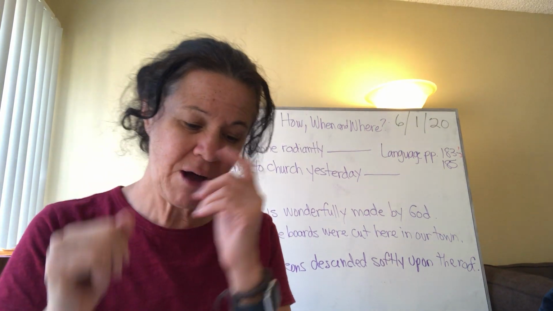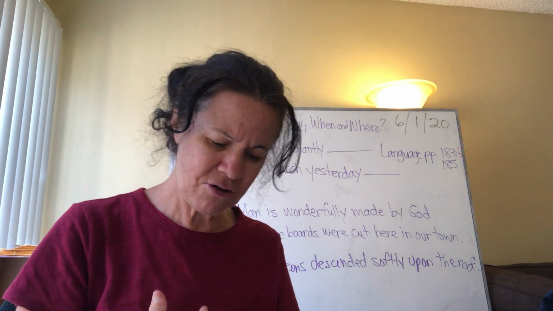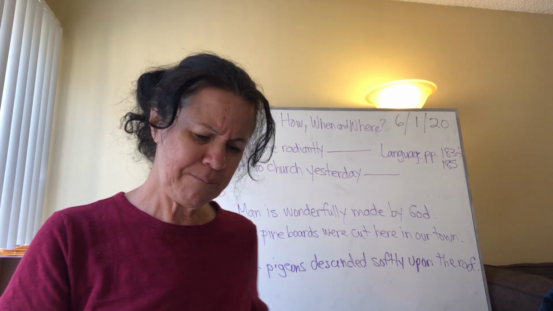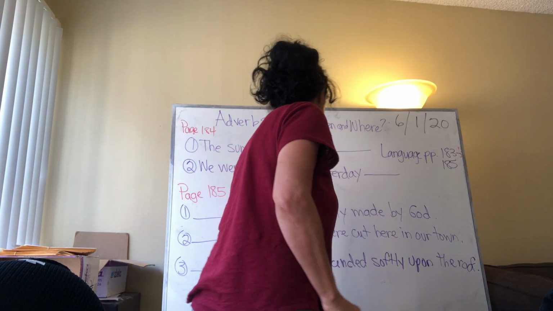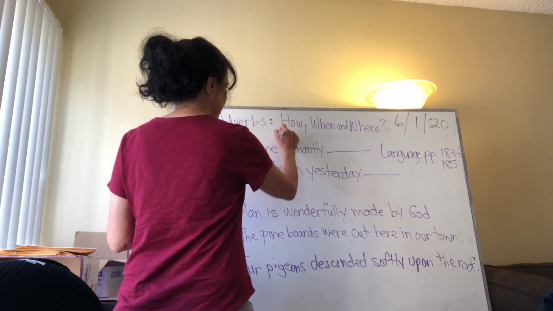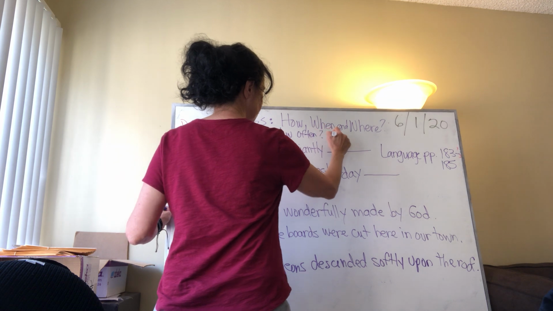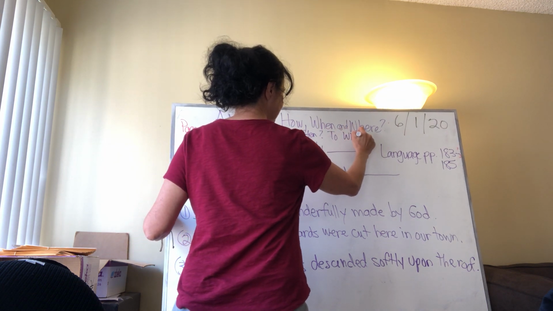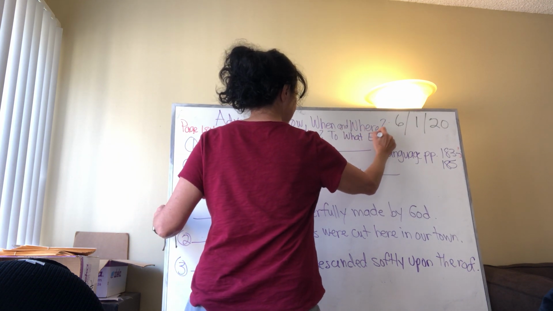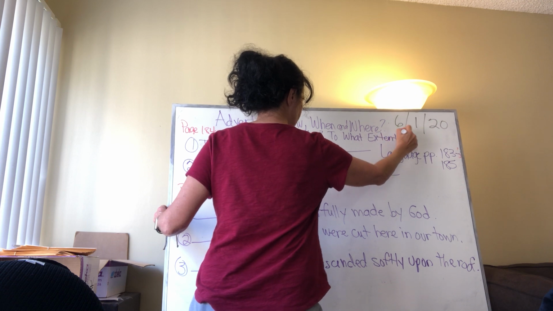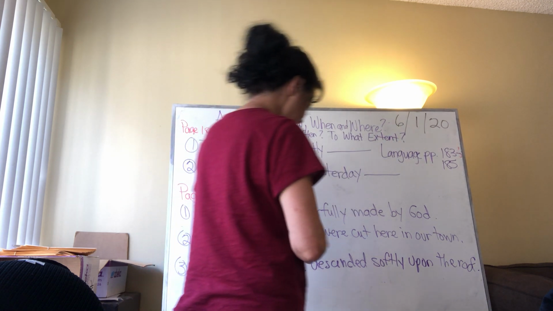But there are also two other questions that they're telling us on page 184, and that is how often, and to what extent. And I'll explain to you what that means when we see it in an example. Okay?